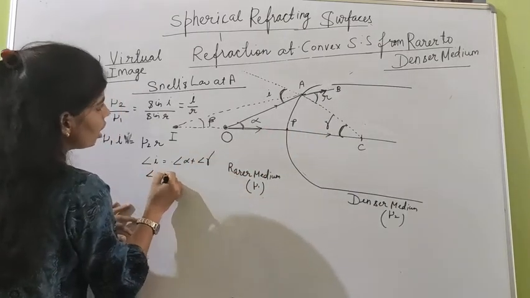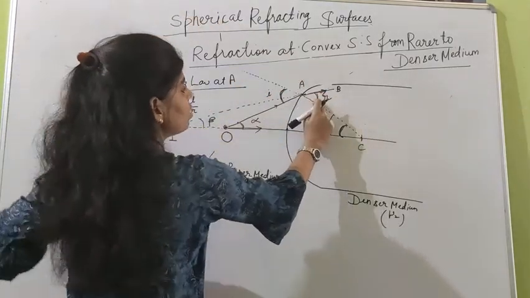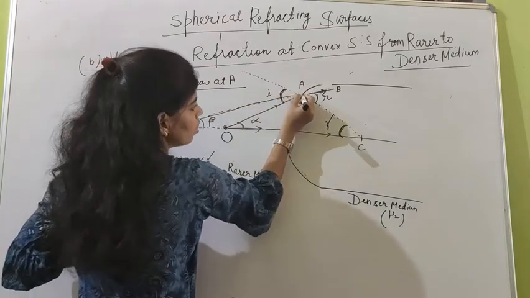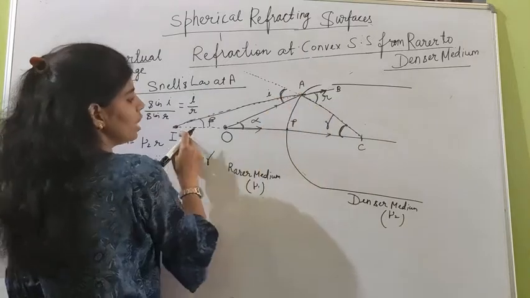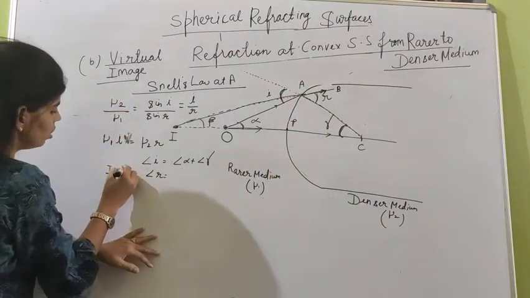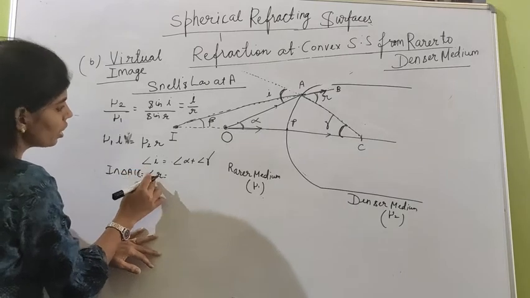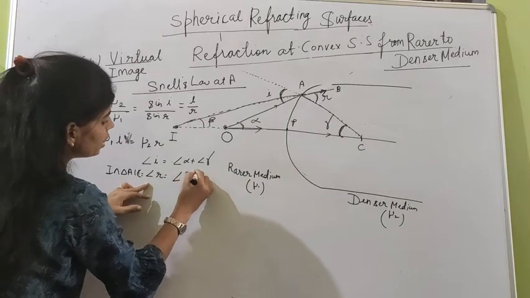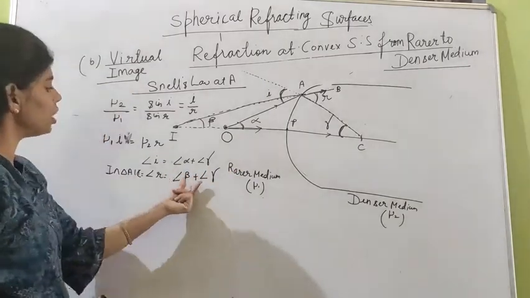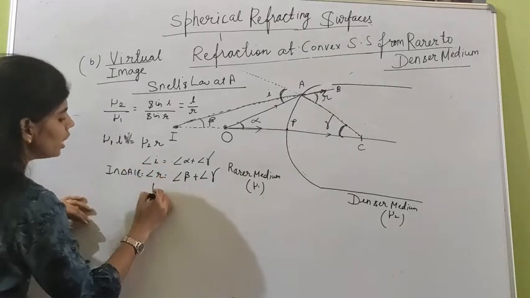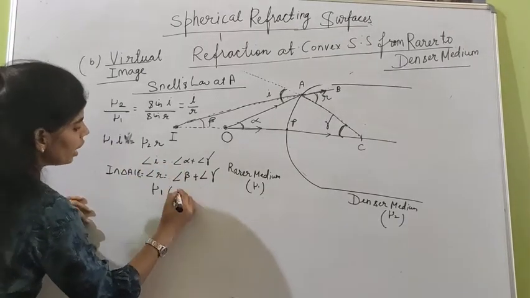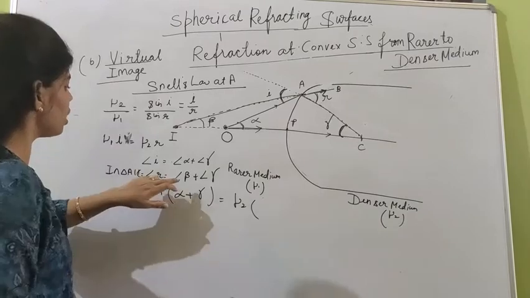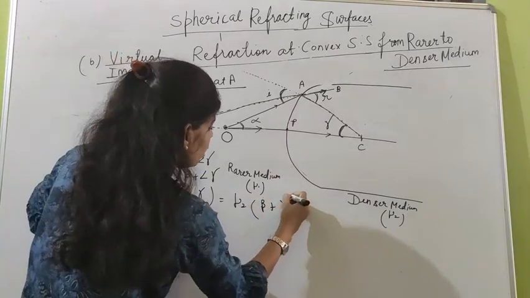In the same way, angle R is an external angle of triangle AIC, so angle R is equal to angle beta plus angle gamma. Simply replace angle I and R in this equation. We will get mu1 into alpha plus gamma is equal to mu2 into beta plus gamma.